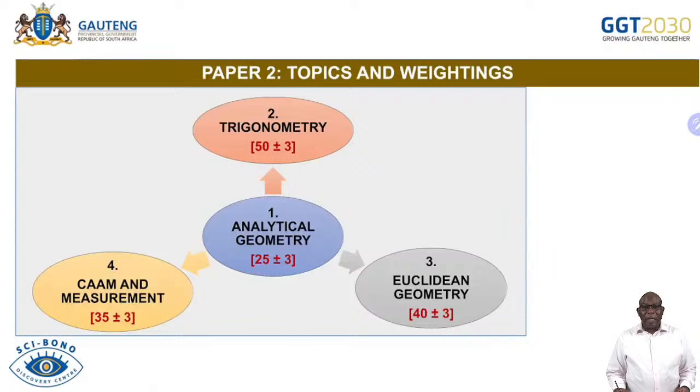So the first topic is analytical geometry, which has plus minus 25 marks. We have trigonometry, which has plus minus 50 marks, then we also have Euclidean geometry, which has 40 plus minus 3 marks.